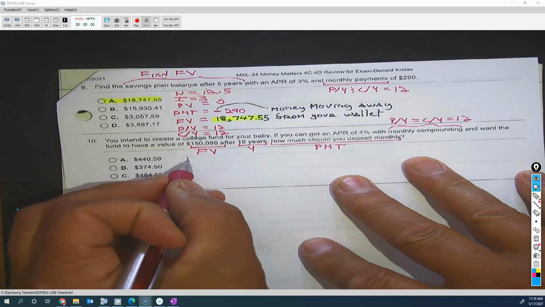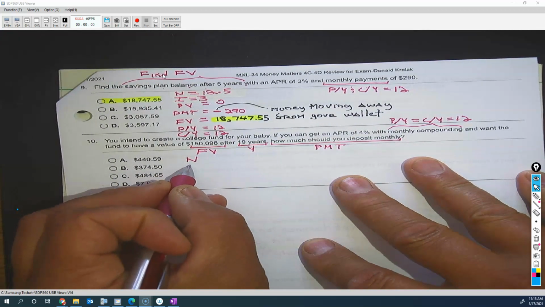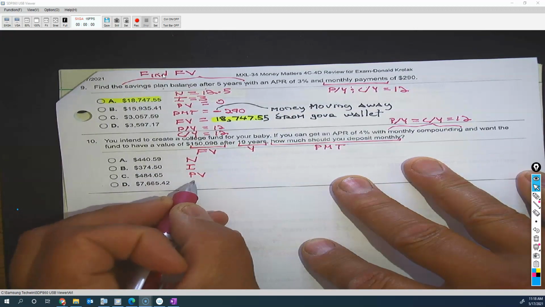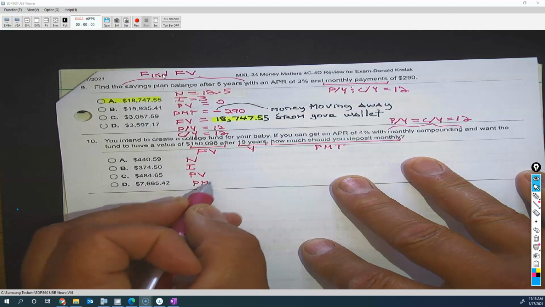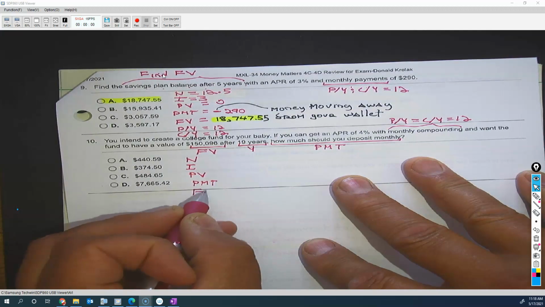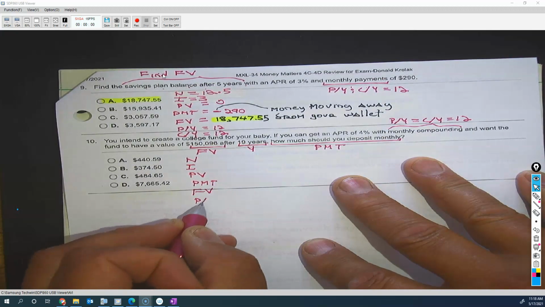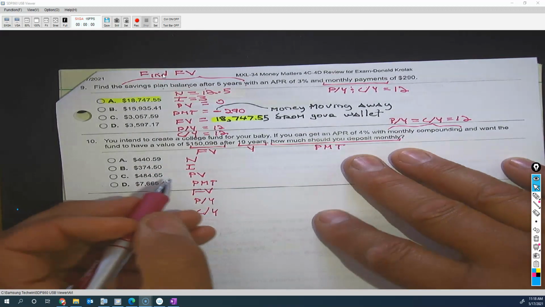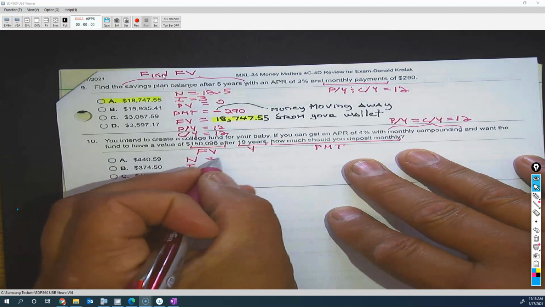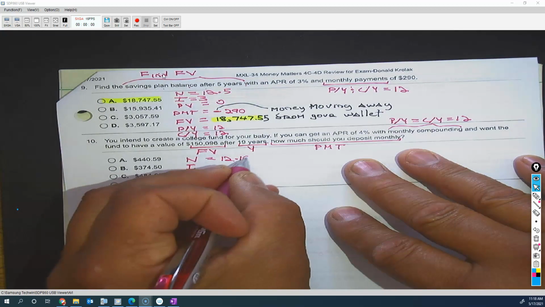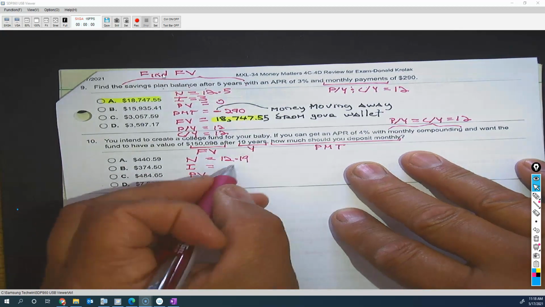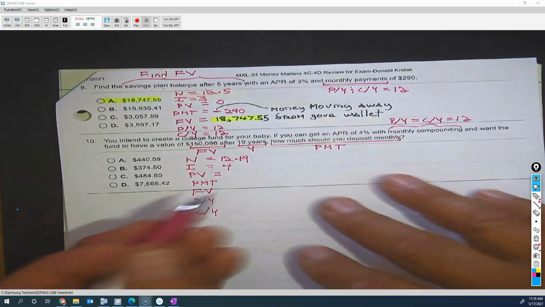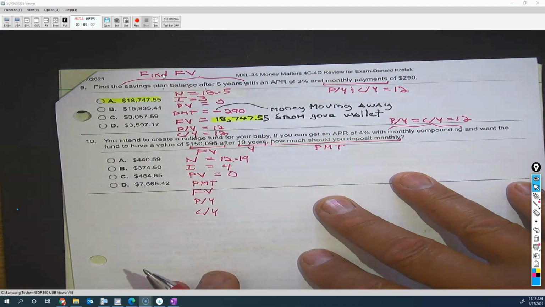Right? So N, I, PV, PMT, FV, P/Y, C/Y. Okay. So let's see, we got 19 years, and we're going to be paying on it every month. Okay, 4%. Okay, you're starting a fund. You don't have any money in it.